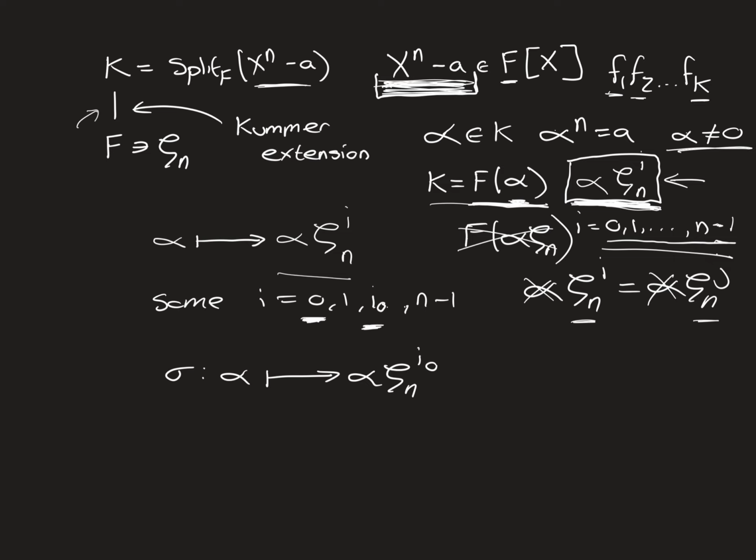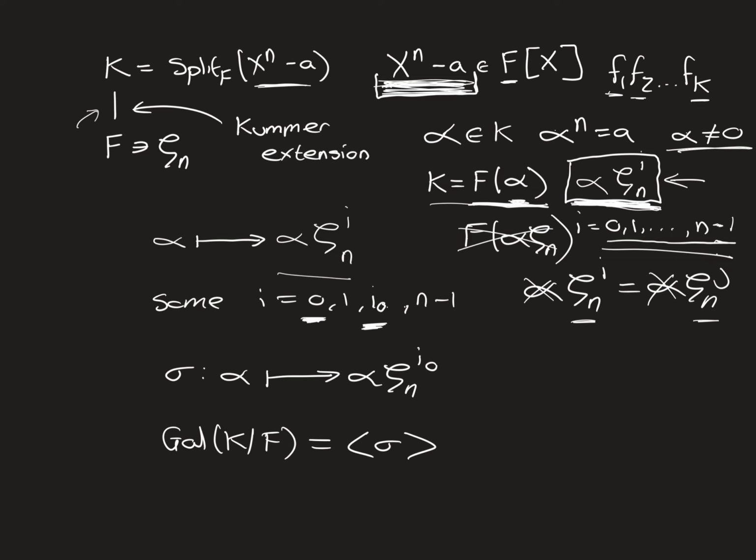I mean the smallest positive one that actually remains an F automorphism of K. My claim now is that the Galois group of K over F is going to be generated by sigma. So it's going to be a cyclic group generated by sigma. All the other ones are just going to be powers of sigma.